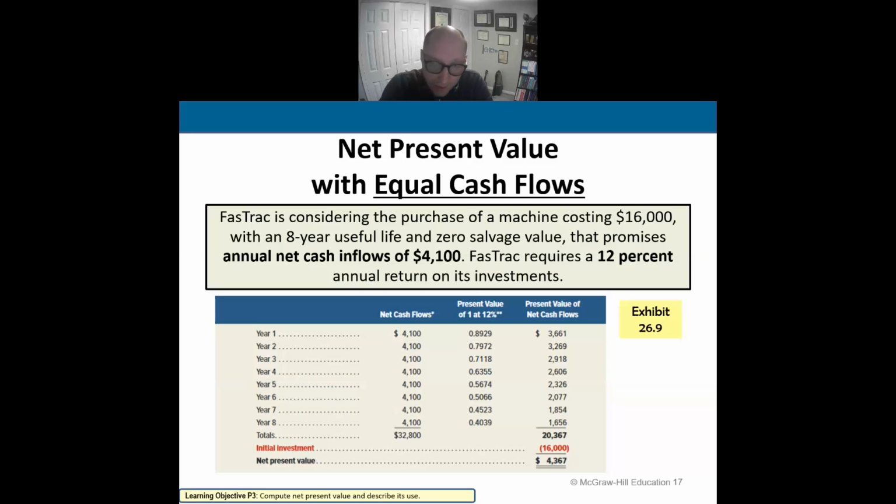Now, this approach is very useful. It's relatively complicated to calculate, but it really is an important way of using present value in understanding the investment.